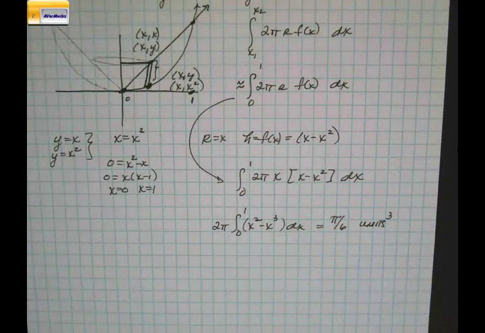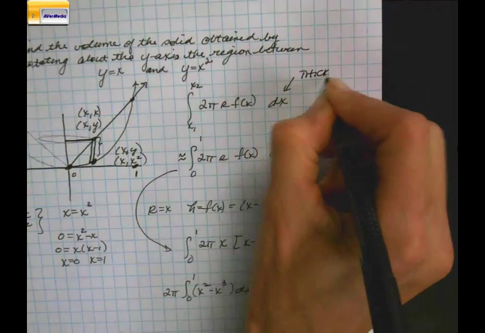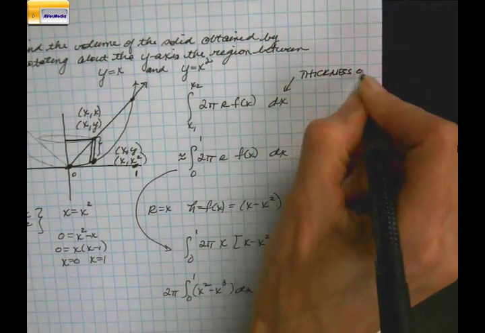Now I'm going to ask you, because this is rolling pretty smoothly, why is this dx instead of dy? We're rotating around the y-axis, but why is this a dx integration? Almost. What is dx representing? Dx, remember, is the thickness of the cylinder.